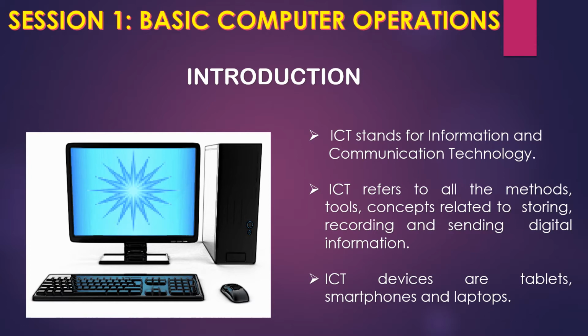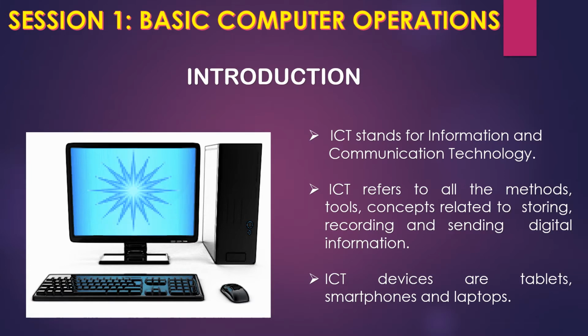Suppose if you want to record information manually, what will you do? You will write it on paper. Am I right, children? Suppose if you want to store it in a digital form, what do you have to do? You have to use electronic devices for storing that information.